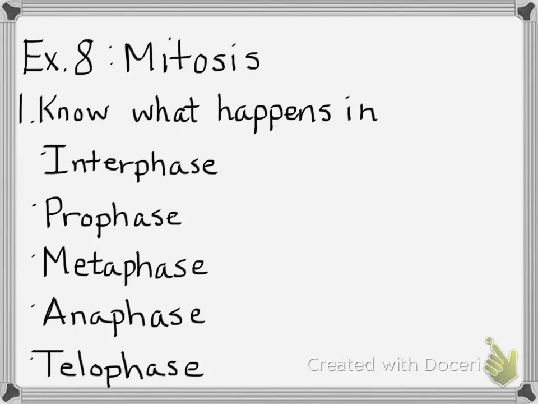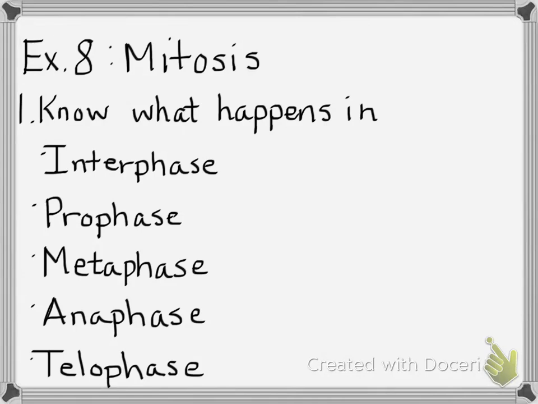All right, super. We're going to move to mitosis now, page 85. Okay, now guys, you're going to have to know what happens in the stages of mitosis, and I just made a list here of parts of the cell cycle and stages of mitosis. I want you to go back into either your lecture notes or your textbook or your lab manual, whatever you want, and review the stages of mitosis.